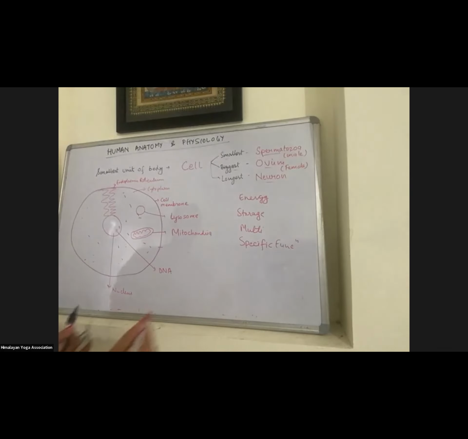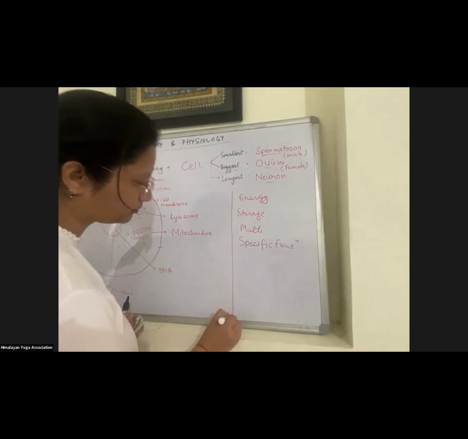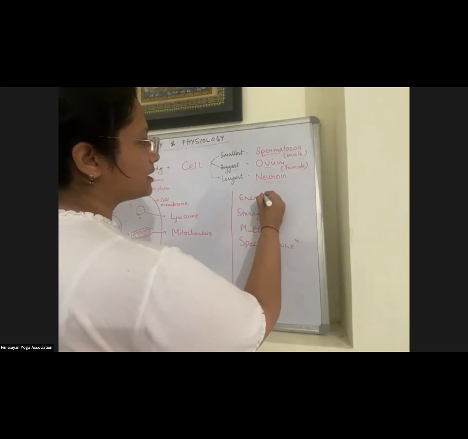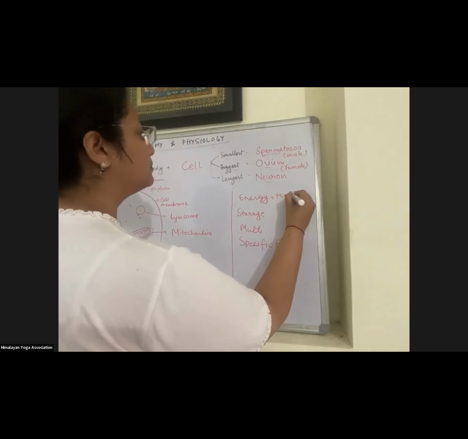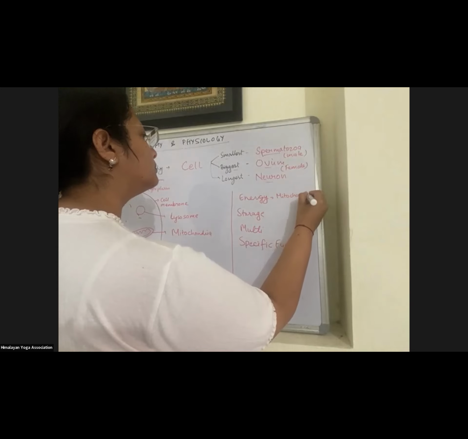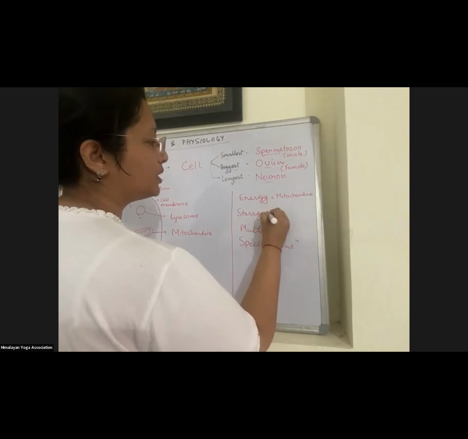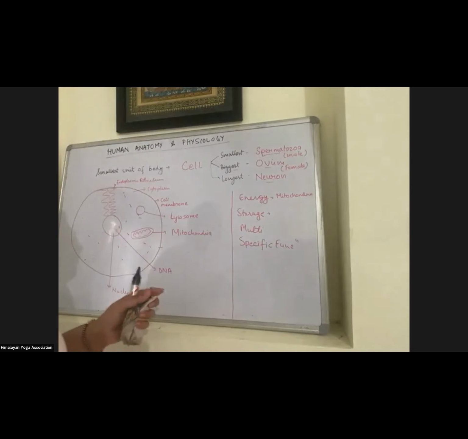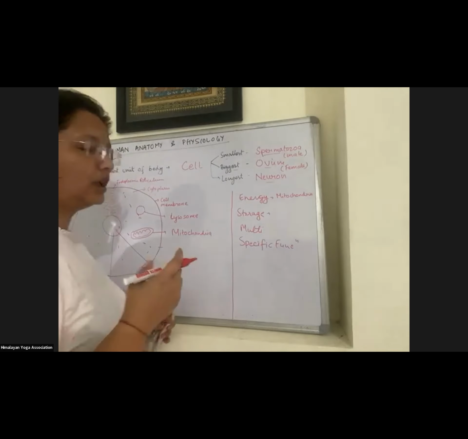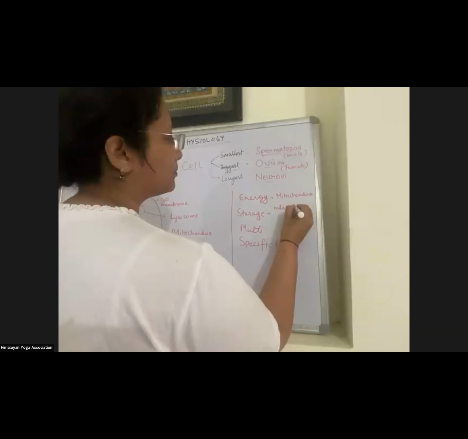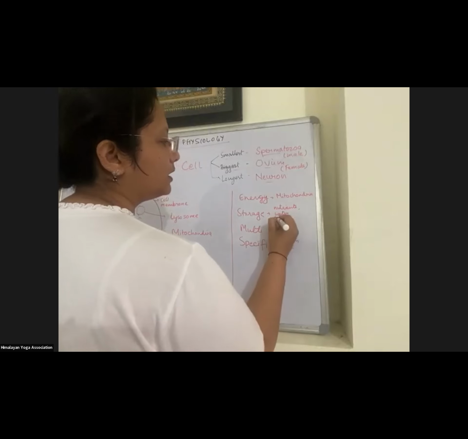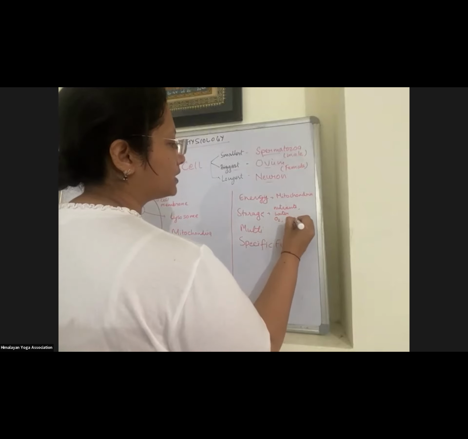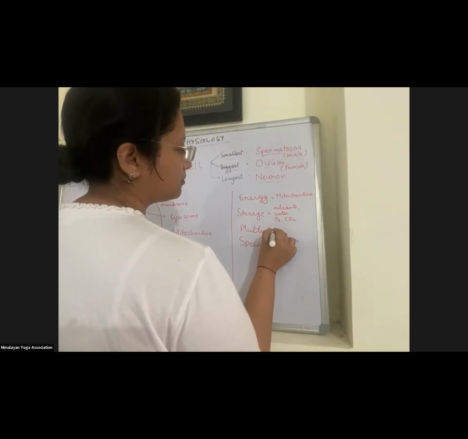Yes. So these are the four functions of a cell. Production of energy. This happens in mitochondria. Storage. In all the cells, they store water, then oxygen, carbon dioxide, and multiplication.